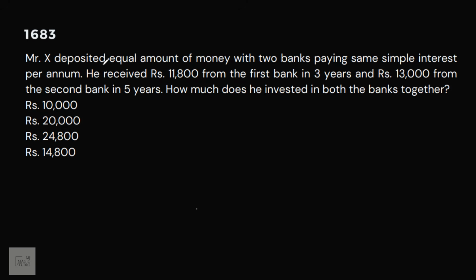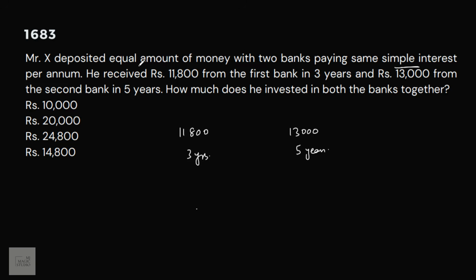Mr. X deposited equal amount of money with two banks, paying same simple interest per annum. He received 11,800 from the first bank in 3 years and 13,000 from the second bank in 5 years. How much did he invest in both the banks together?